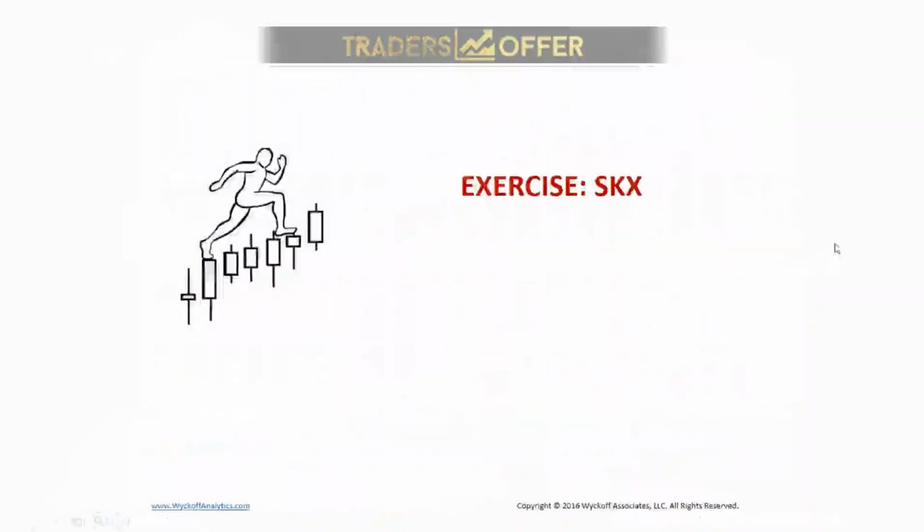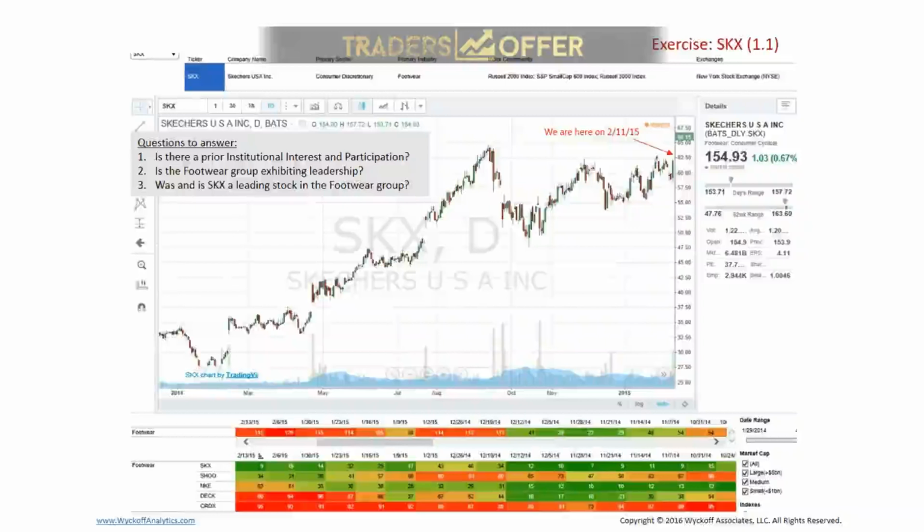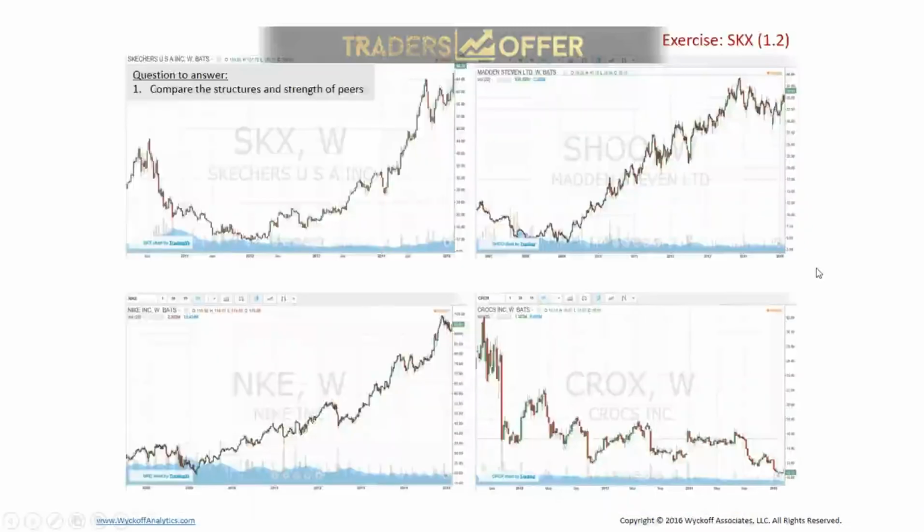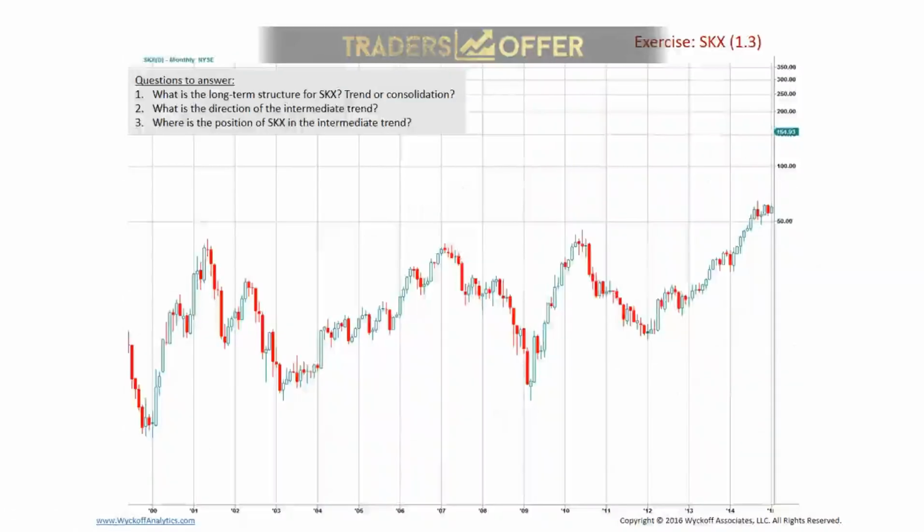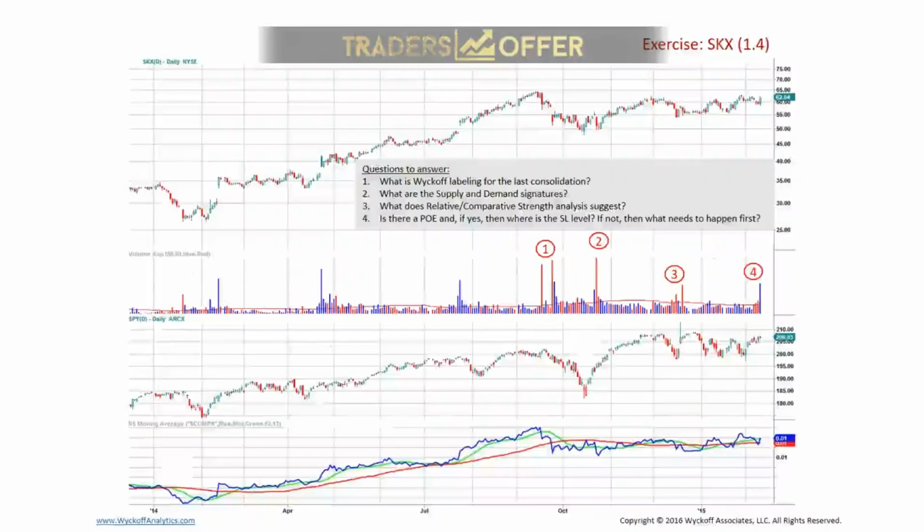Okay. All right. So we are at 4:20, and we're going to do this. So the exercise that I have here is on sketches, and this is the exercise where we are discussing the trading range that we had here. We are discussing what the peers are doing. We are discussing also the long-term structure and the trend.